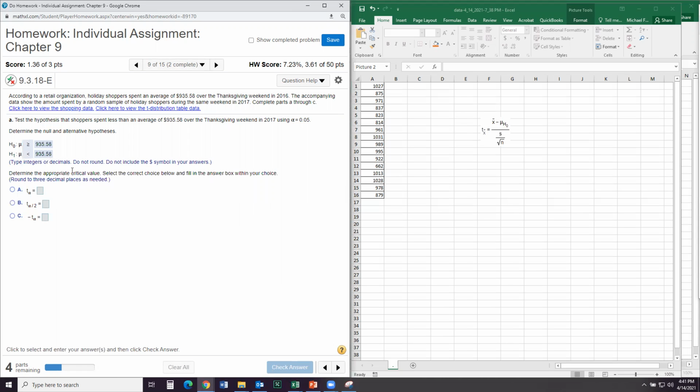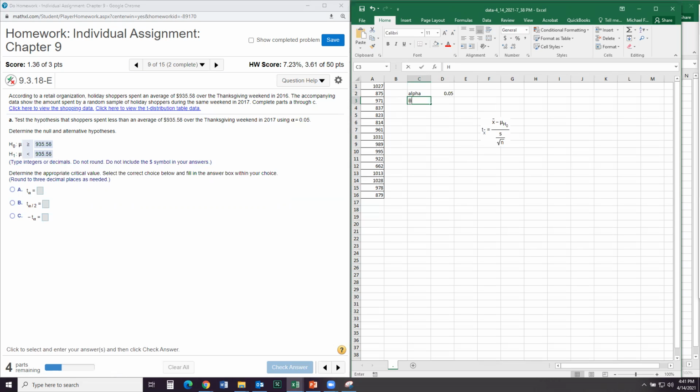All right, so now we're supposed to determine the appropriate critical value. I'm going to start with the information I have here. I have alpha of 0.05, and I've got my testing mean, the amount that we think we're testing for.